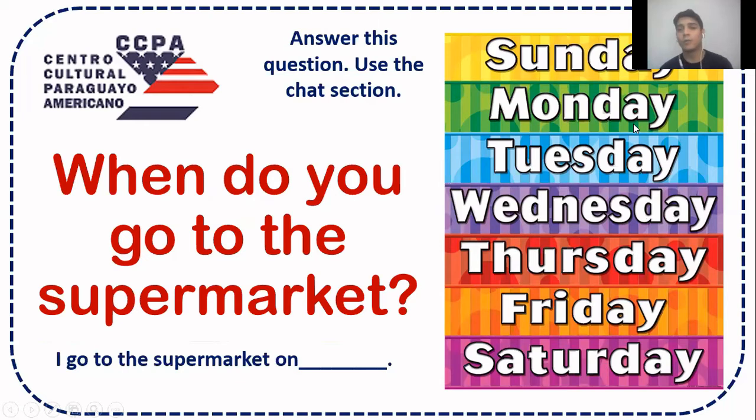I go to the supermarket on Sundays. So you have to add an S at the end of the day. Don't say I go to the supermarket on Monday. I go to the supermarket, sorry, on Mondays, because it's a frequency. It's something that you repeat every Monday.